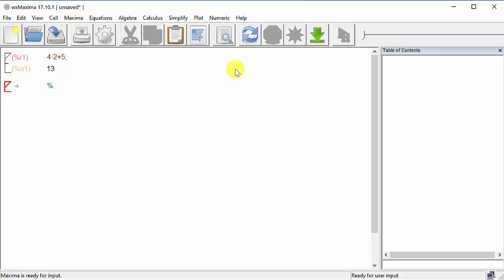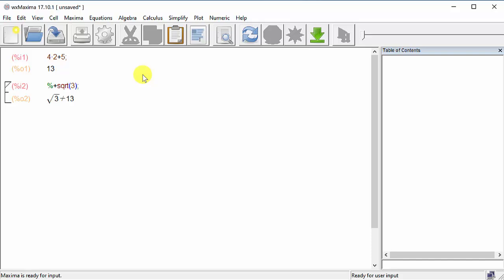Okay, and then we just put plus. So this percent sign here represents the 13. That's our last output. And then I'm going to do square root of 3. And then don't forget, you need to put the semicolon. And we're going to hold shift, enter. And what does it do? It puts square root of 3 plus 13.